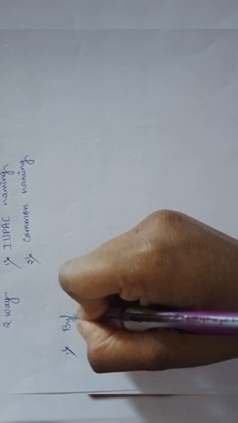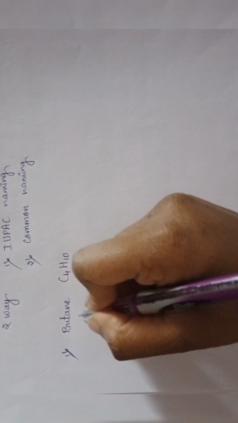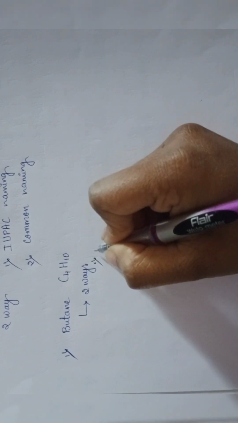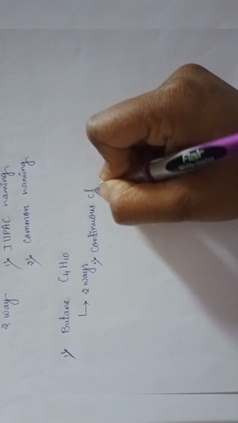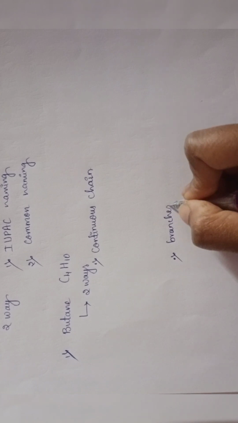The first example we will take is butane. The general formula for butane is C4H10. We can write butane in two ways. One is a continuous chain and another one is a branched structure.